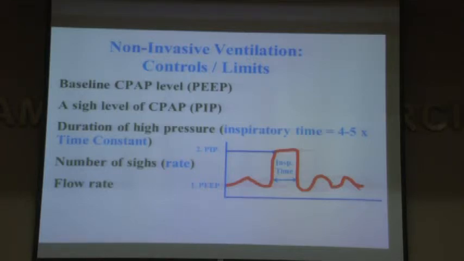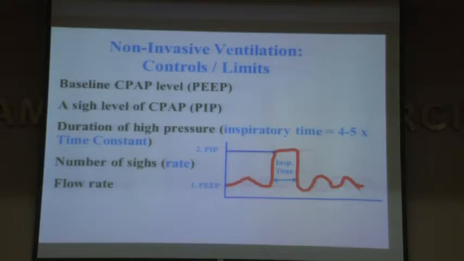The inspiratory time has to be at least 4 to 5 times the time constant, because when you deliver NIPPV using prongs or cannula, the resistance is higher. To deliver the pressure you dialed in on the machine, you have to use at least 0.5 seconds inspiratory time. You always use 0.5 seconds.